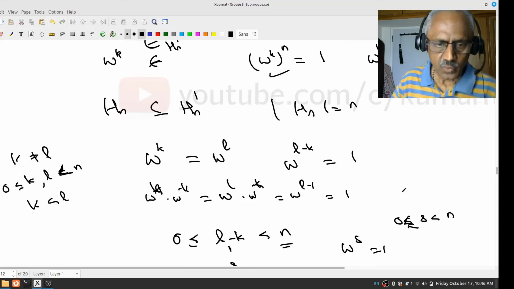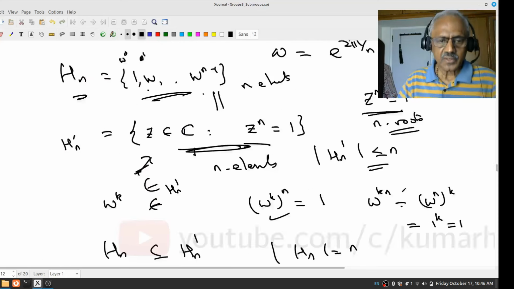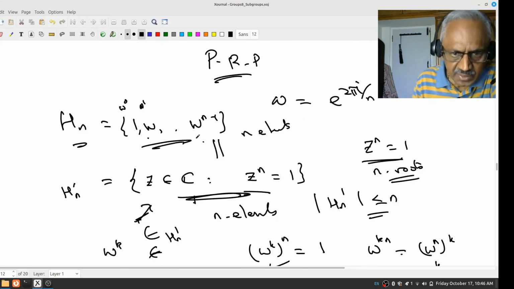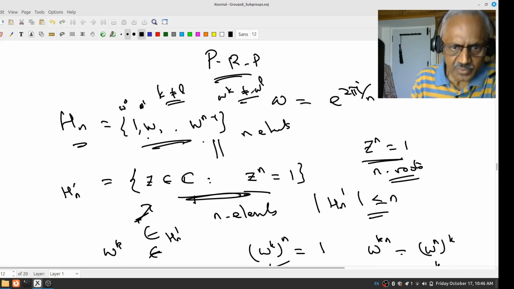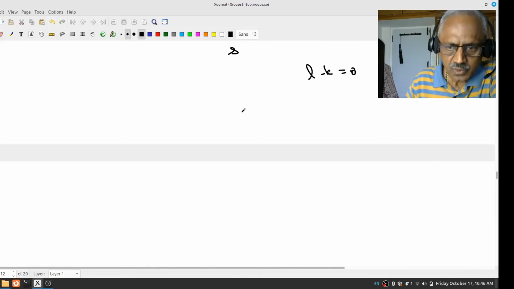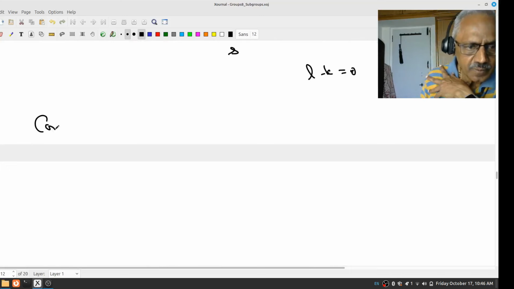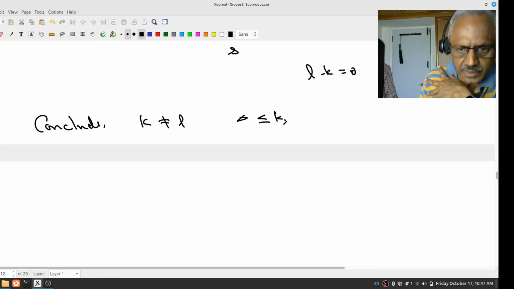So what have I shown? I have shown that among these elements, if k is different from l, omega power k is different from omega power l. So we conclude, if k is not equal to l, 0 less than or equal to k, l less than n, then omega power k is distinct from omega power l.